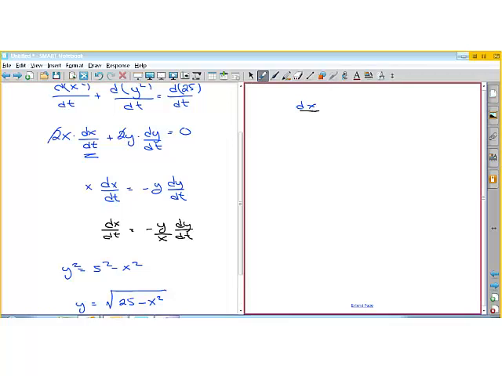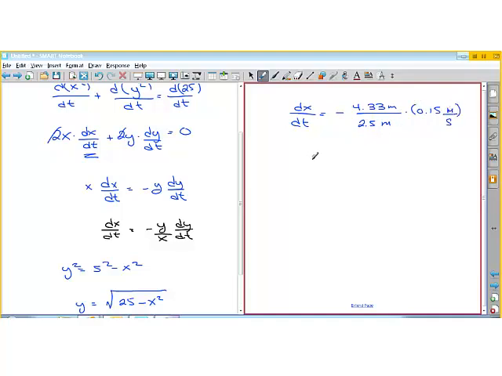So dx/dt, let me change back to the blue. Okay, so dx/dt is negative y. y was 4.33 meters divided by 2.5 meters times dy/dt, which was positive 0.15 meters per second.